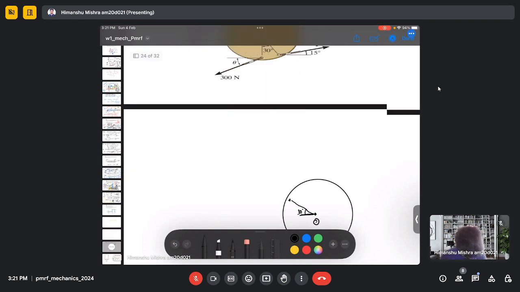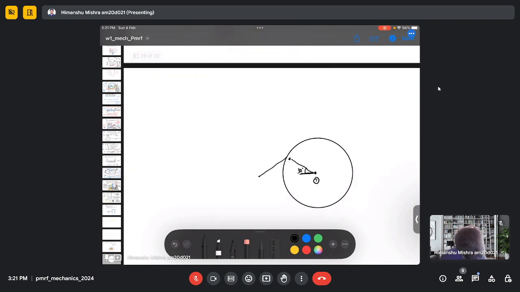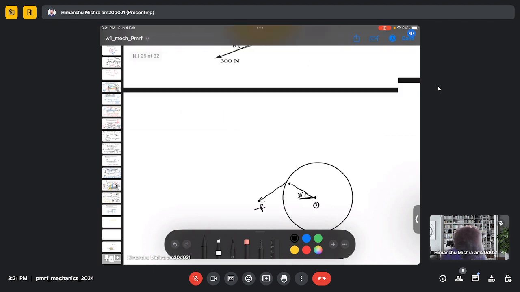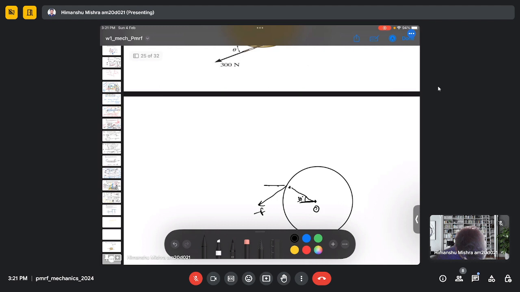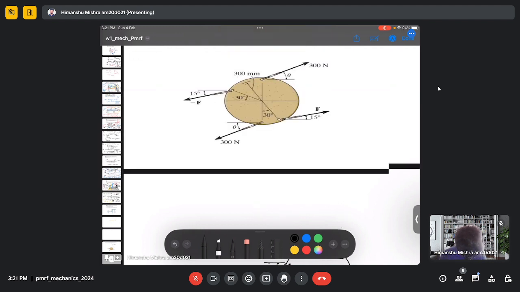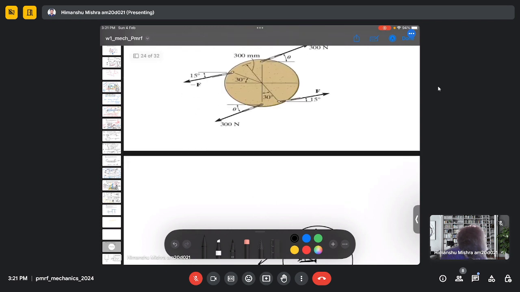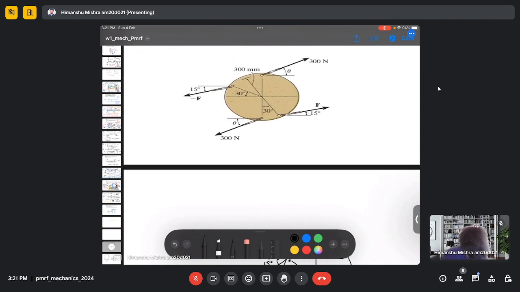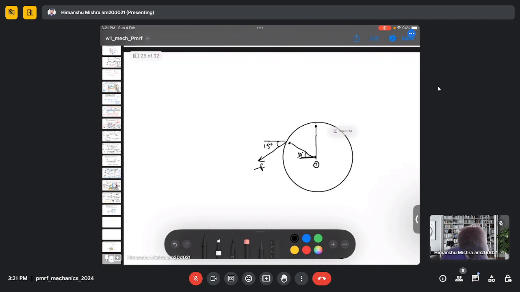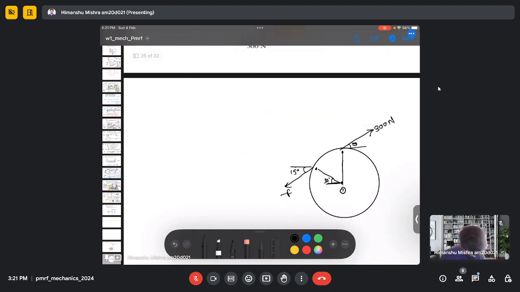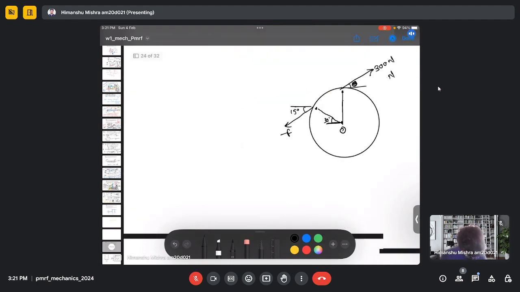This is 30. Here we have a force F, which is at angle theta.